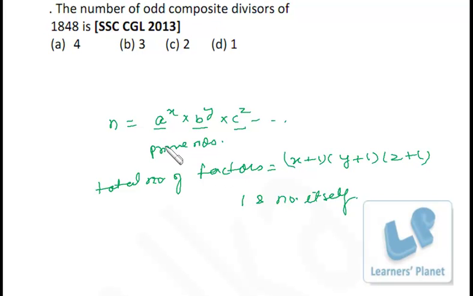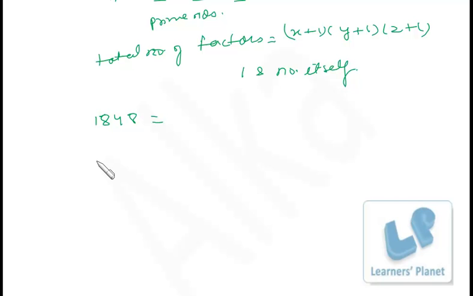Here the same formula I will apply for 1848. First of all, I have to go for the prime factorization of 1848. It is divisible by 8, so it is 8 into 231, and 231 is a multiple of 11 also. So it is 2 raised to 3 into 3 into 7 into 11, right?